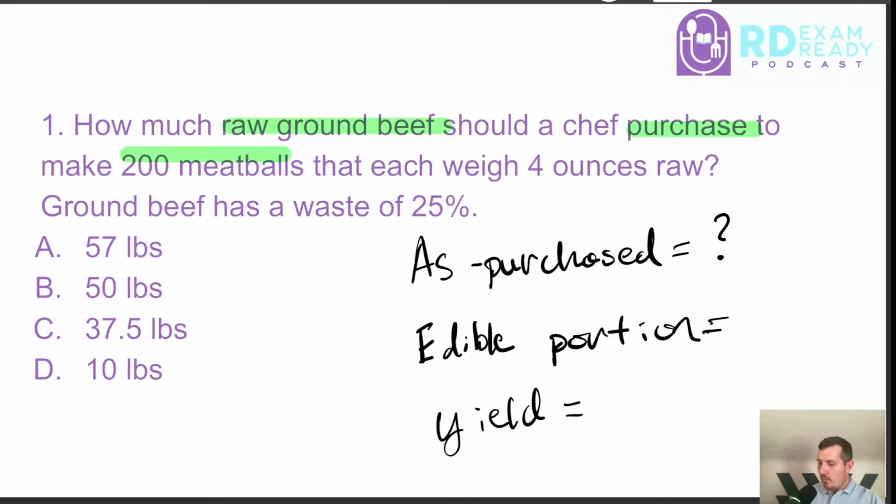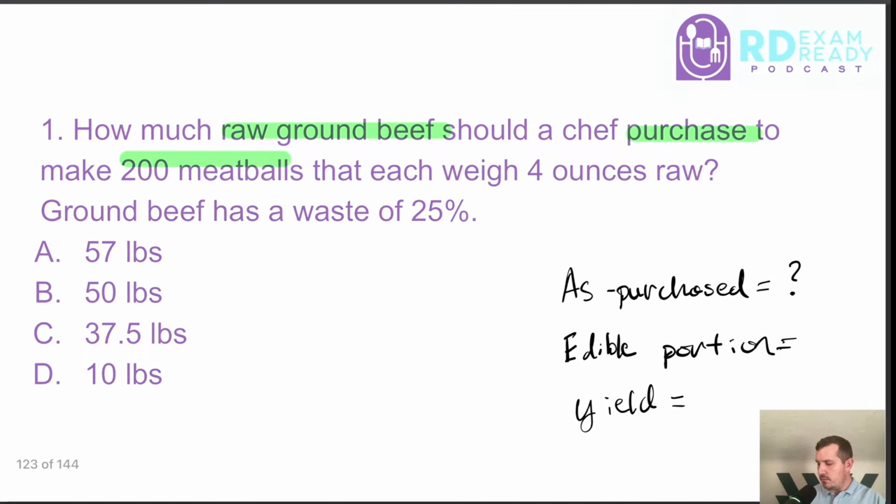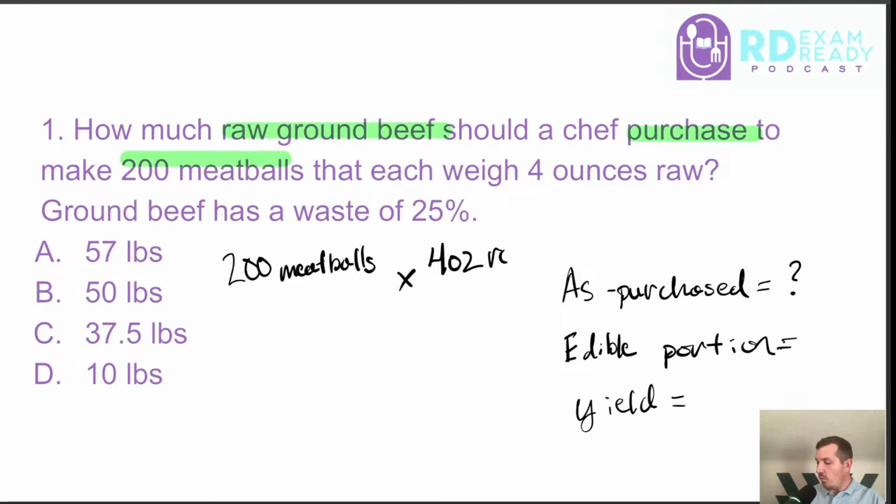Okay, well, why don't I go ahead and get a total amount of weight for this, right? Why don't we figure out how much total weight that would require? So if there's 200 meatballs, and each meatball weighs 4 ounces raw, then what I would do is 200 meatballs times 4 ounces per meatball.